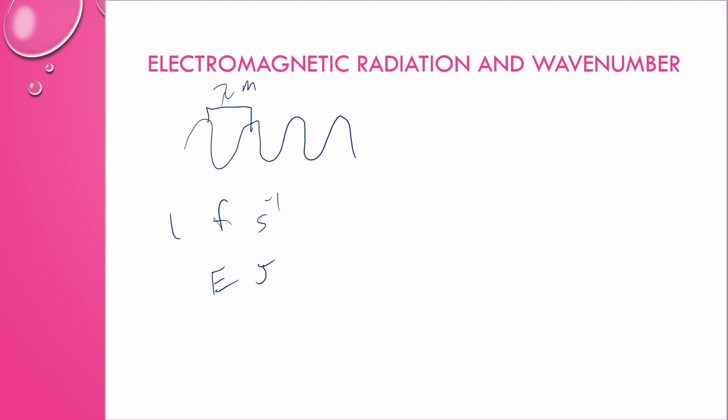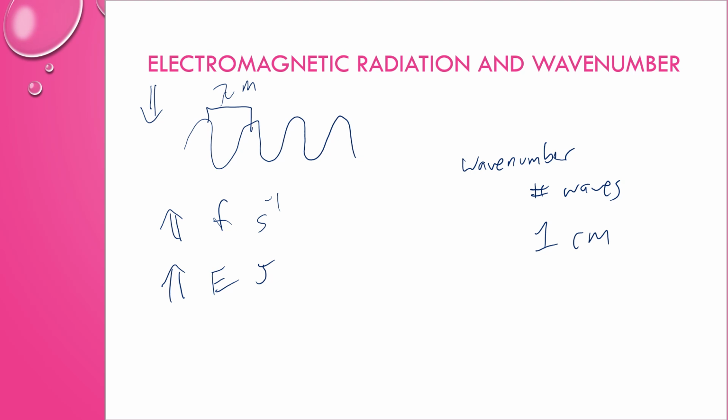The higher the frequency, the higher the energy, and the shorter the wavelength. Now, we also have something called wave number. Wave number is the number of waves that pass a point in 1 centimeter.